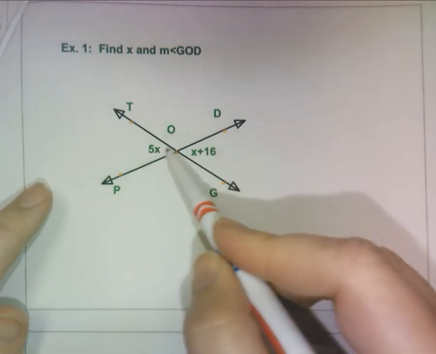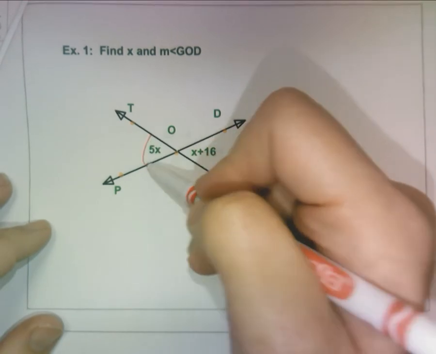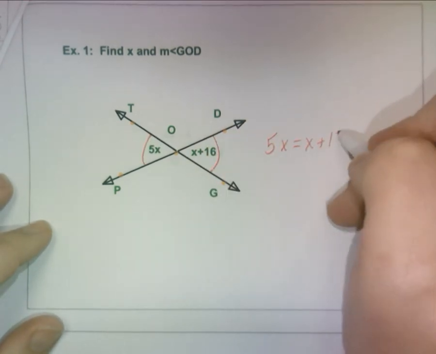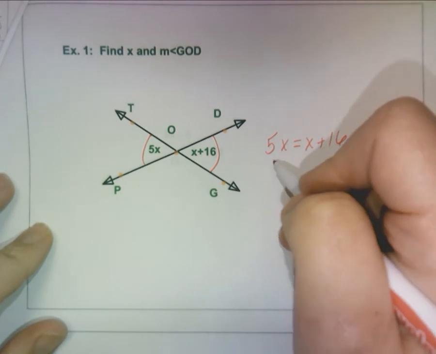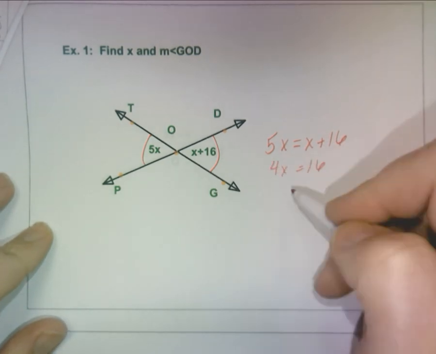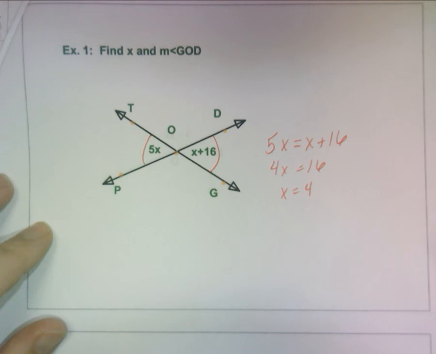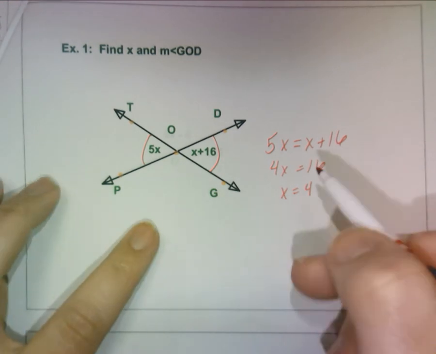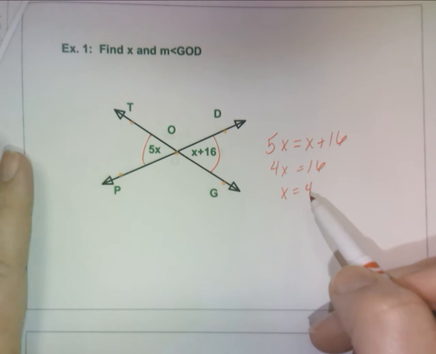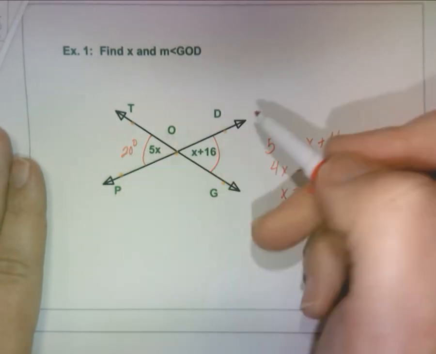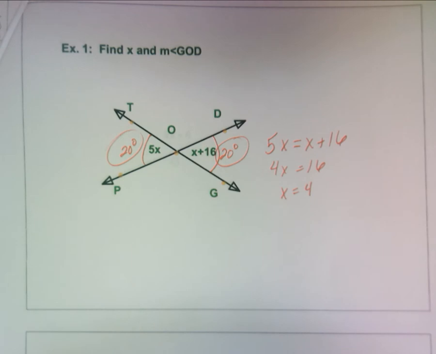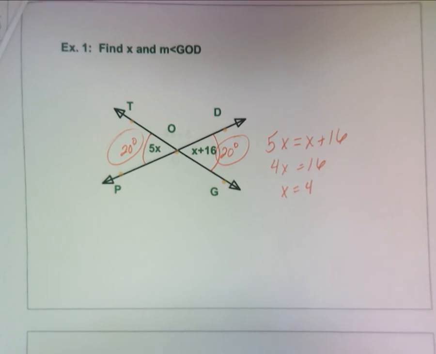Are they directly opposite each other? They are. So you can just set them equal. 5x equals x plus 16. Solve for x. x equals 4. So you found x, but you always want to go back and find the measure of the angle. So plug 4 in, you would get 20 degrees. So that is x and the measure of angle DOG.